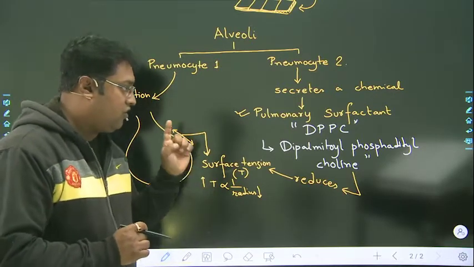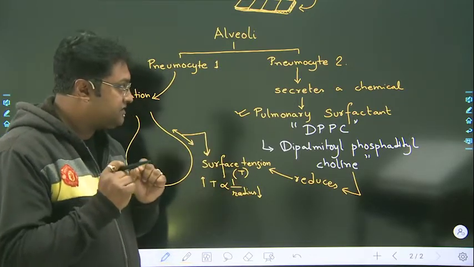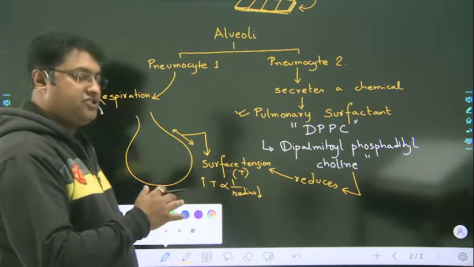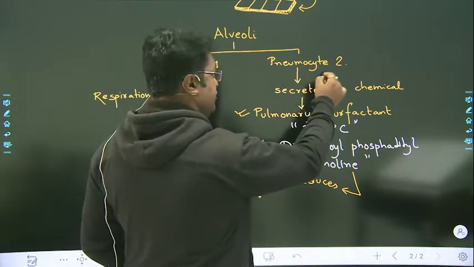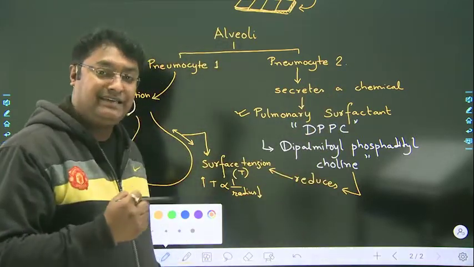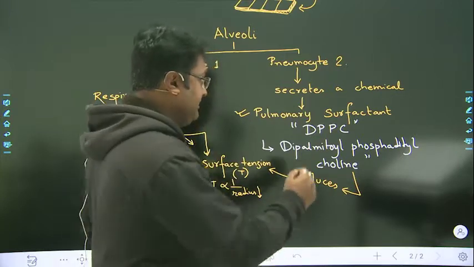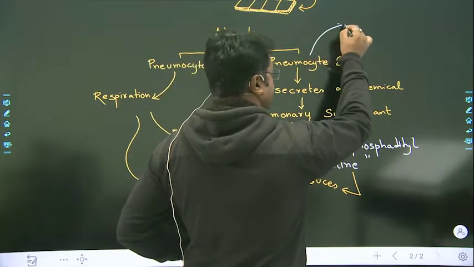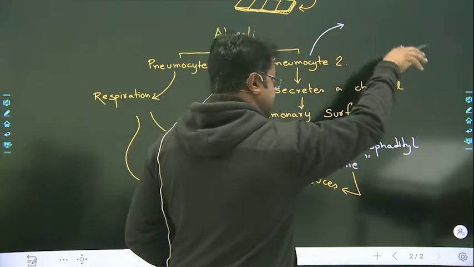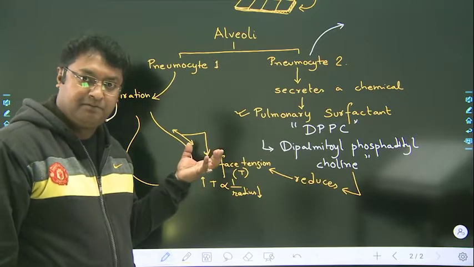So this was all about your alveoli. We have to just remember one thing over here. See, suppose by any chance this pneumocyte 2 is non-functional or this cell is not present, then obviously the release of DPPC will not be present, and hence the surface tension will increase in the alveolar cells. Clear?